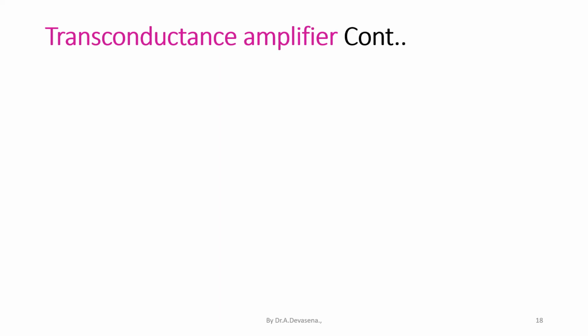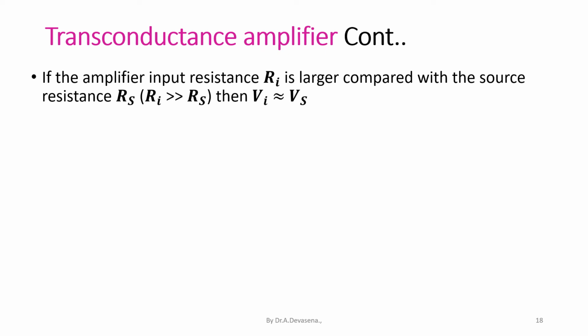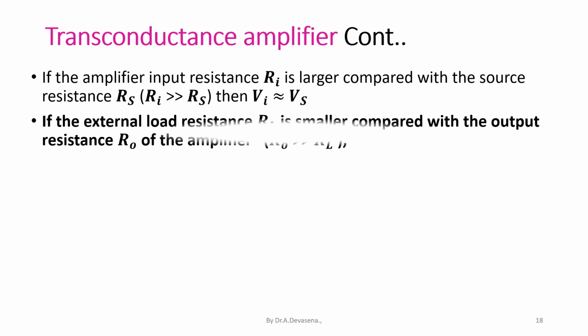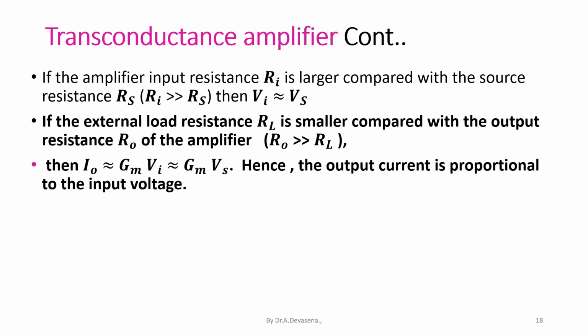If the amplifier input resistance Ri is larger compared to the source resistance Rs, that is, Ri is very large when compared to Rs, then the input voltage Vi is approximately equal to the source voltage Vs. The external load resistance RL is smaller compared with the output resistance R0 of the amplifier, that is, R0 is very large when compared to RL.